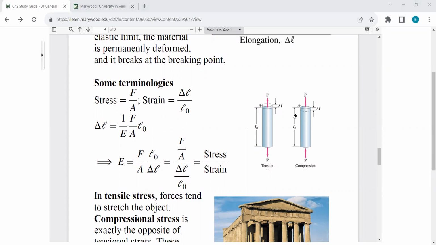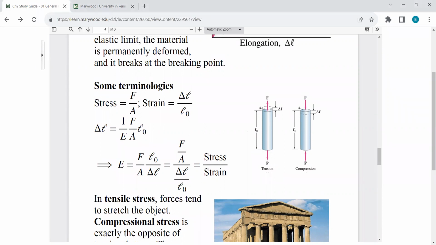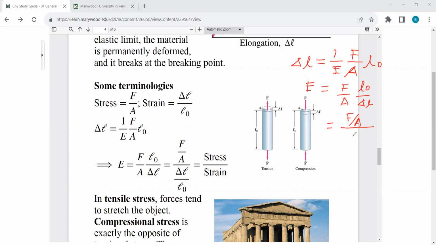To define stress and strain, let me start with the equation we derived in the last slide: delta L equals 1 over E times F over A times L0. If I solve it for E, it gives me E equals F over A times L0 over delta L.